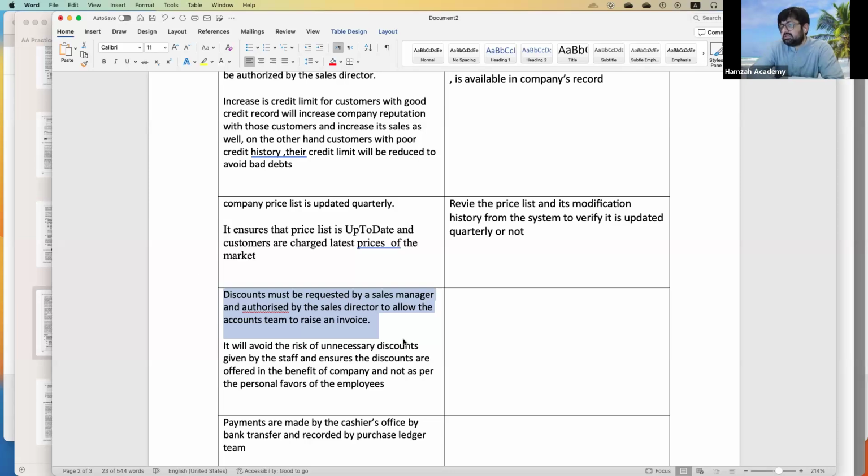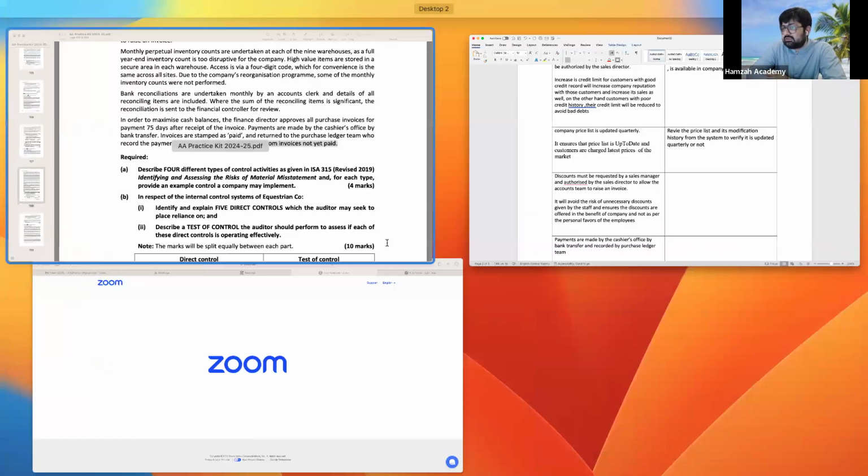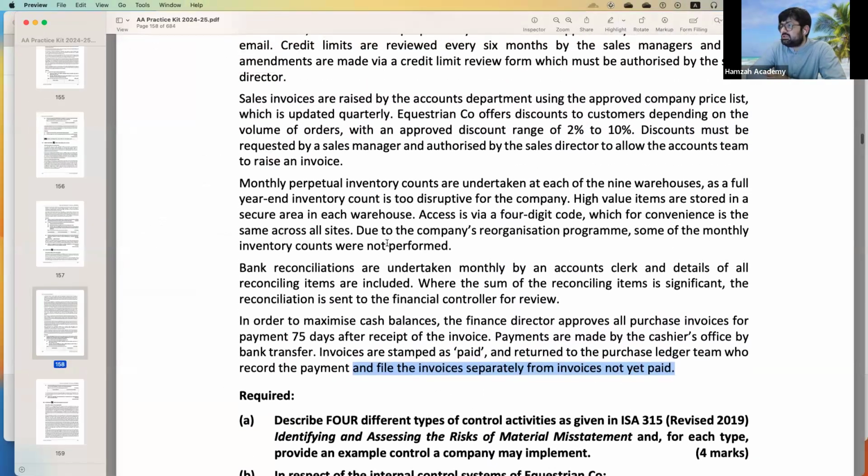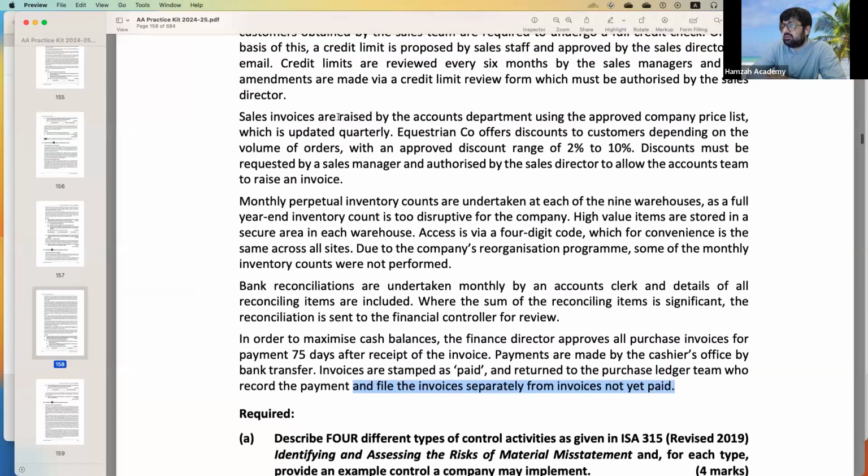Now, this is invoice. So they're requested. Sales invoices are raised by, okay, right.